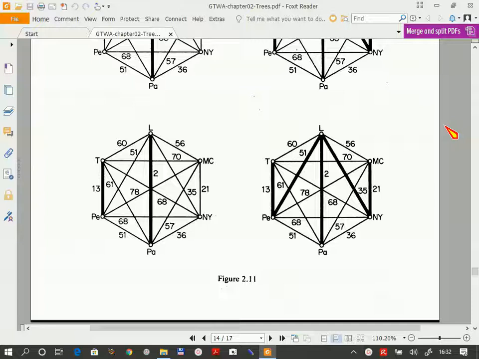That's interesting, but it's 37, and so 36 beats it. 2 plus 60, 2 plus 51. So my next one is 36. Why? Because even going through this vertex, I would get a longer path, greater sum of the weights I have on the edges. And so this is the distance 36.